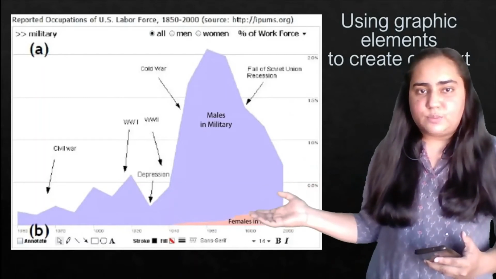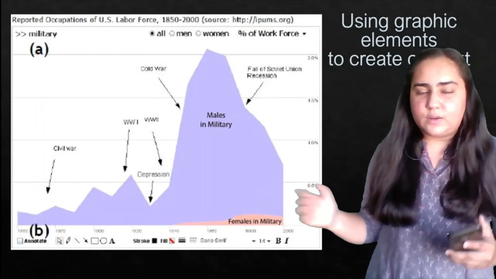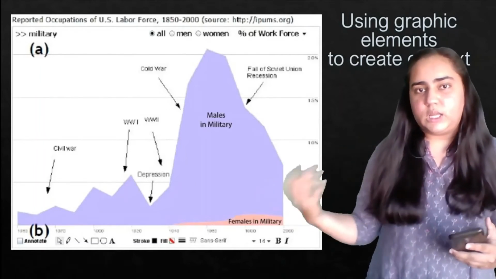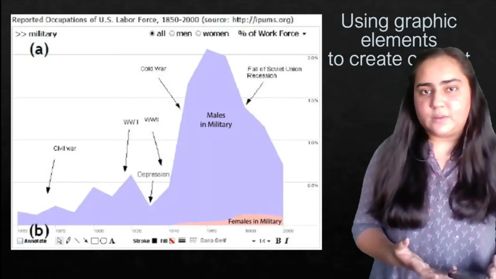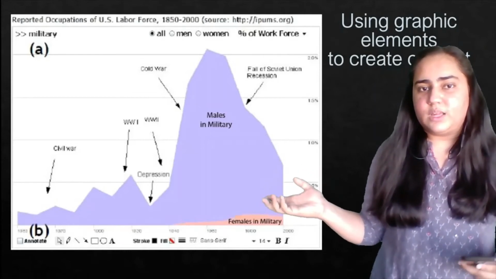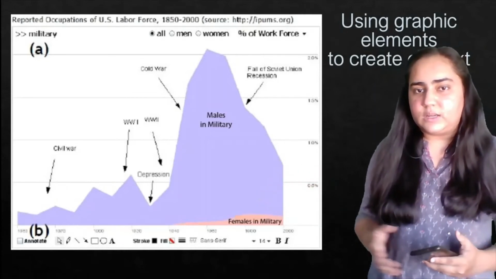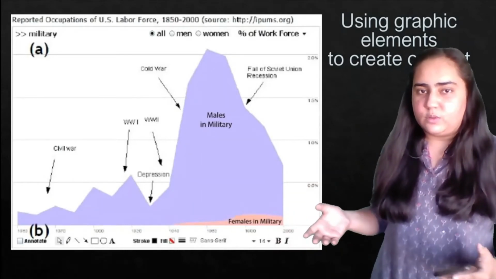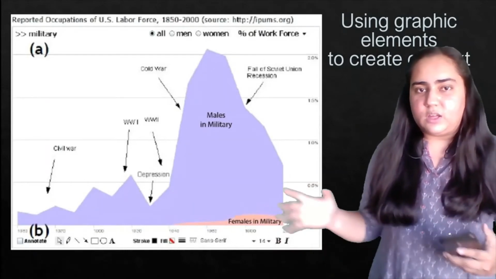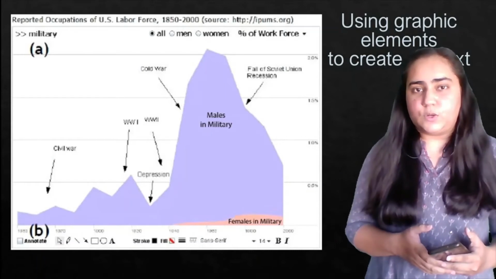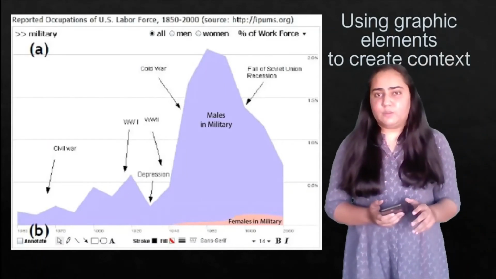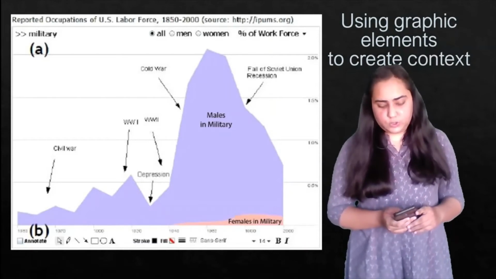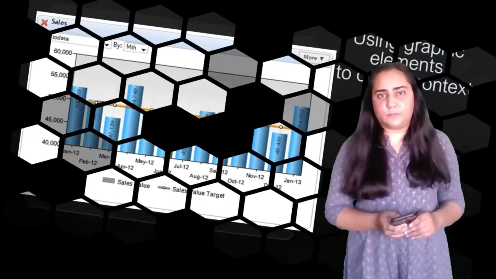As you can see, there's a depression. So whenever that is the case, then we are also showing it in the graph itself. So when you look at it, you can understand how it is working. And you can see how females are shown with a pink area and males in the military are shown with a blue area. So it's a very good example of how graphics can be used to add context to your data visualization.